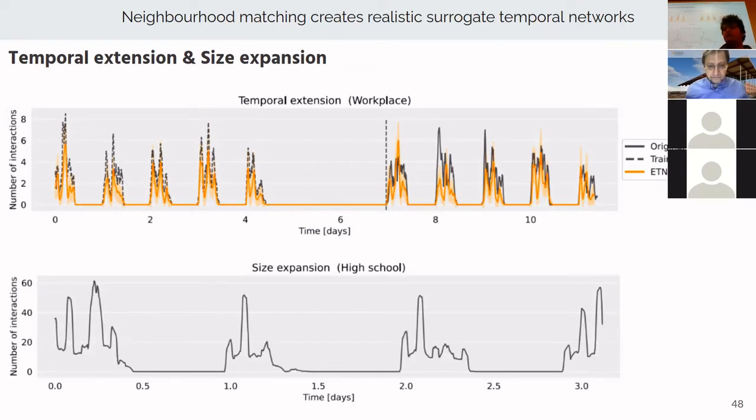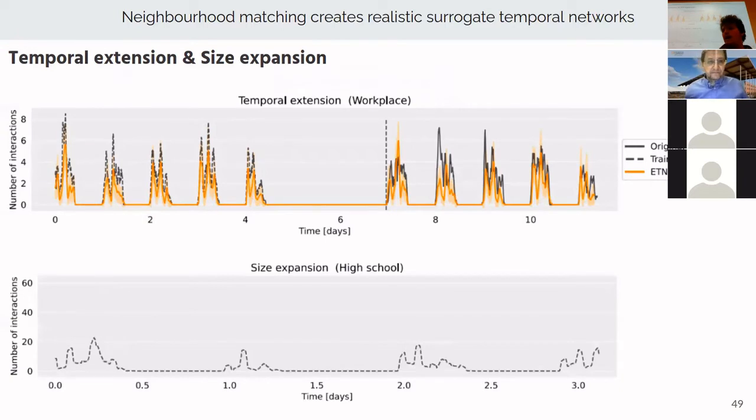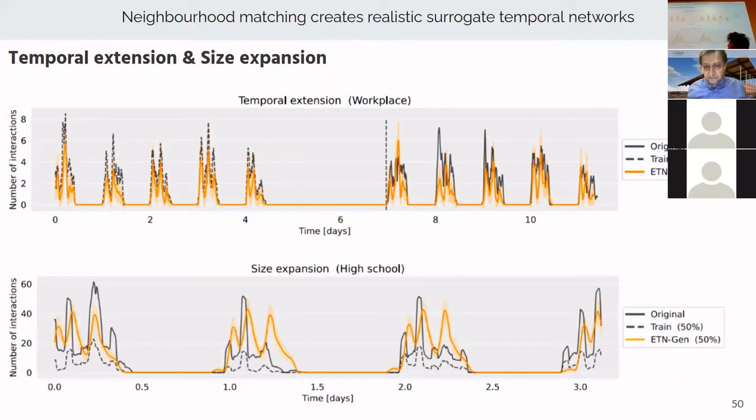We took the high school dataset, we took half of the nodes, and used this as training. And we generate, but increasing the number of nodes, because for us it's just a parameter of the seed graph. And still we are able to achieve the same periodicity.